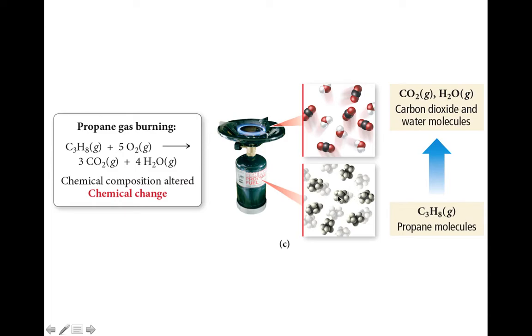Not shown is the oxygen in here, but the propane is a bunch of carbons and hydrogens. The carbon comes from here and goes into a carbon dioxide molecule, and the hydrogens come off and go into water molecules. So this is definitely changing its composition. All right, so this is a chemical change.